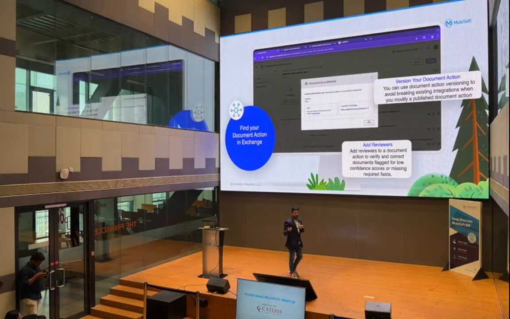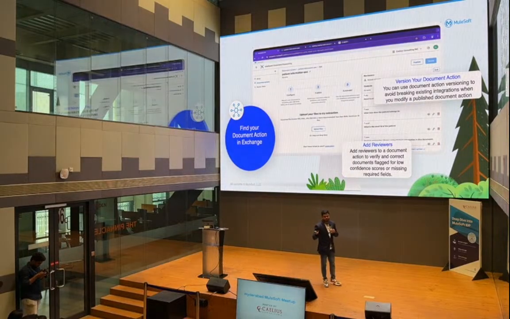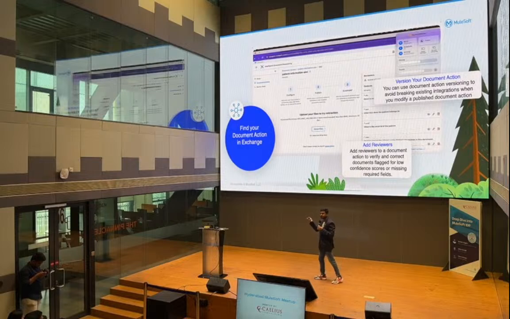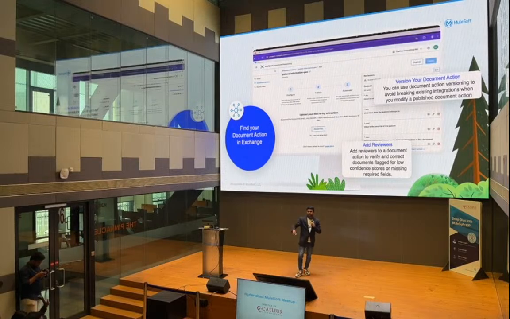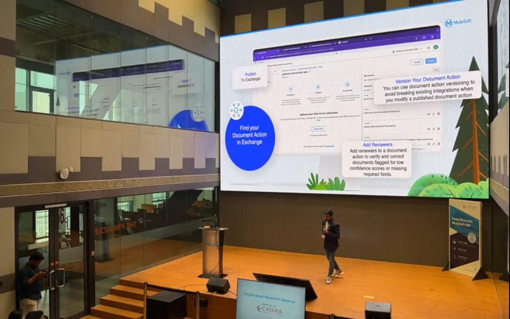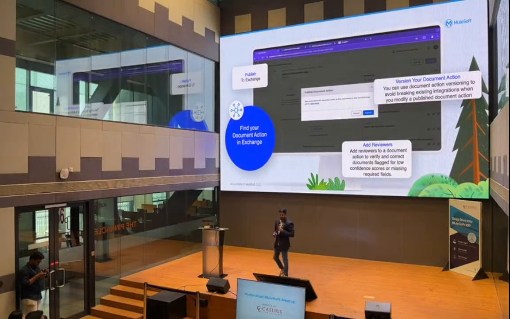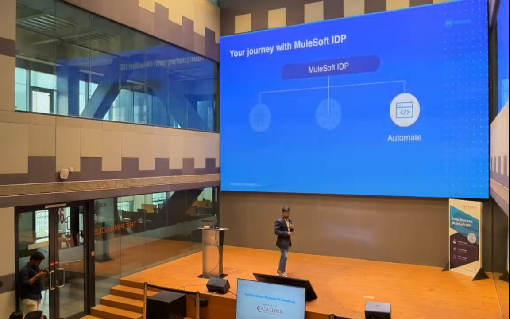And the versioning of the document action is similar to our APIs, where we do the versioning. How many of you know how to version your APIs by publishing? Yeah, so it's a similar thing. Once everything is done, after adding the reviewers and versioning your document action, you can publish that to Exchange.